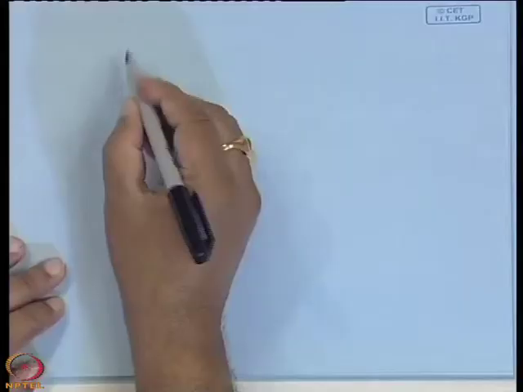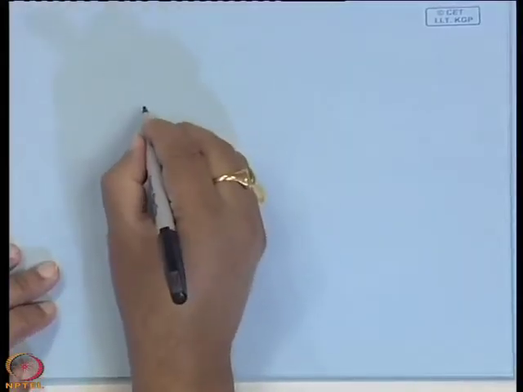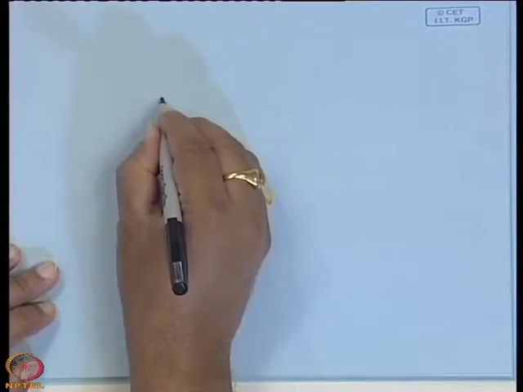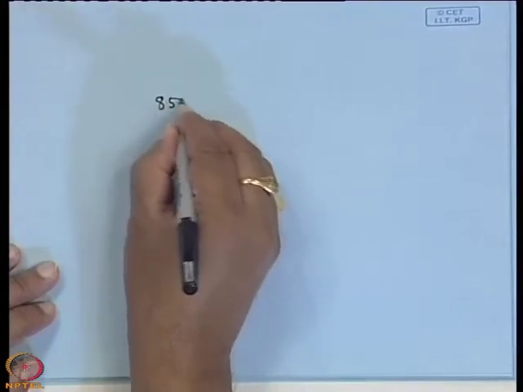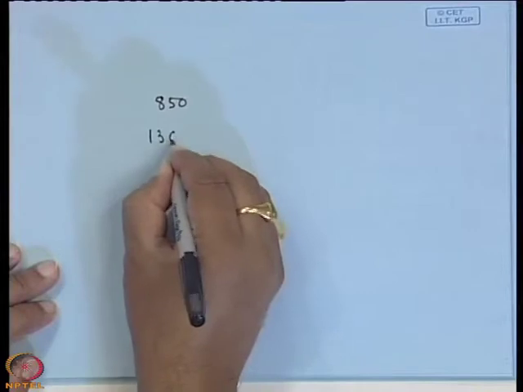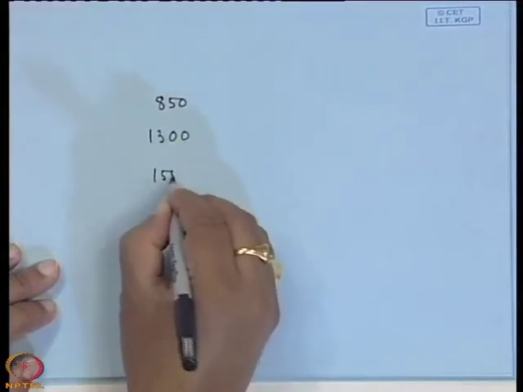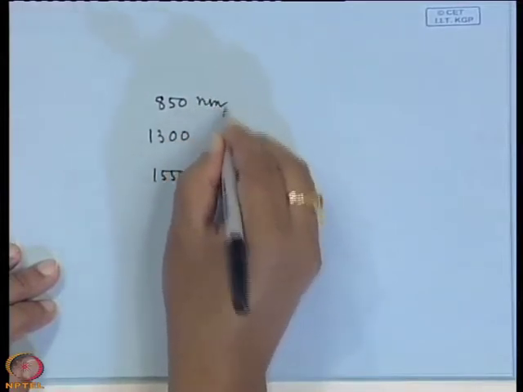There we have seen that there are windows in fiber optic communication. Can you remember the values of the windows? One is 850, 1300, yes, 1550, all in nanometer.